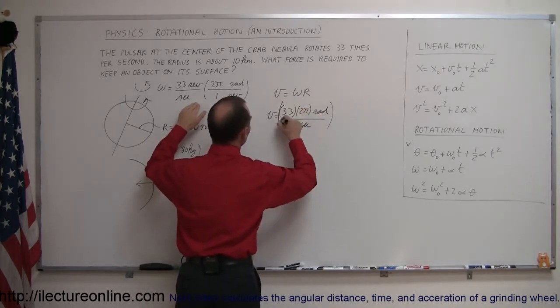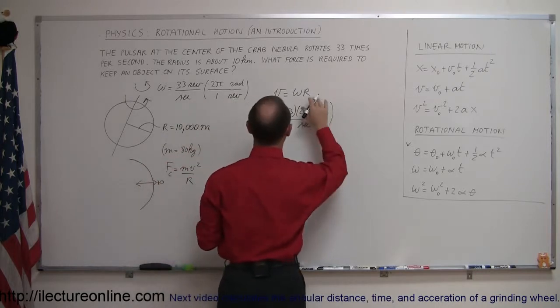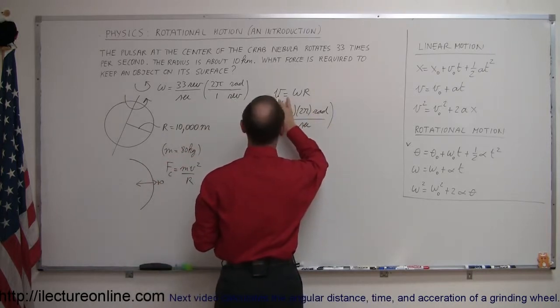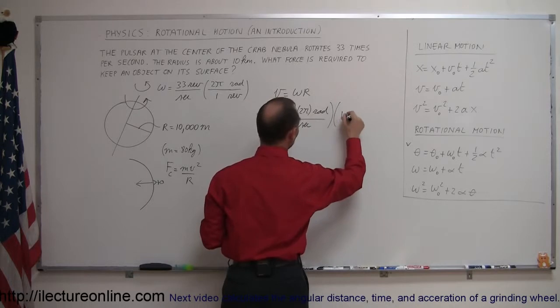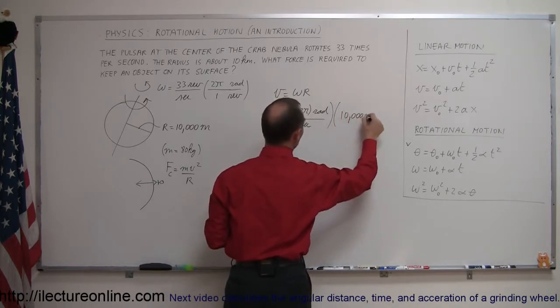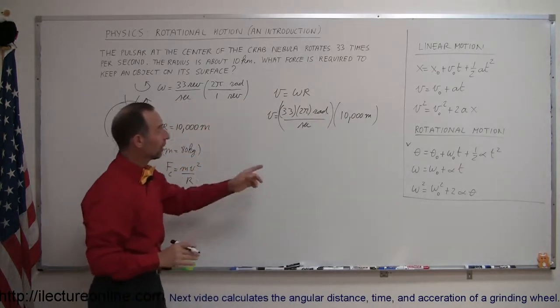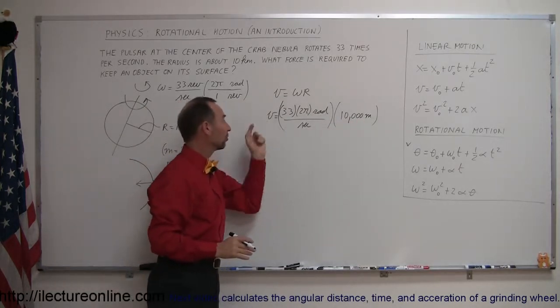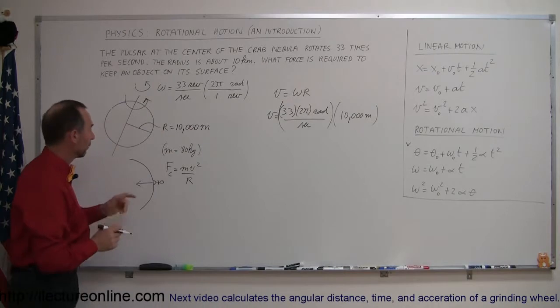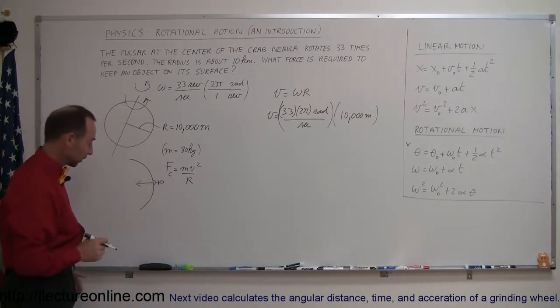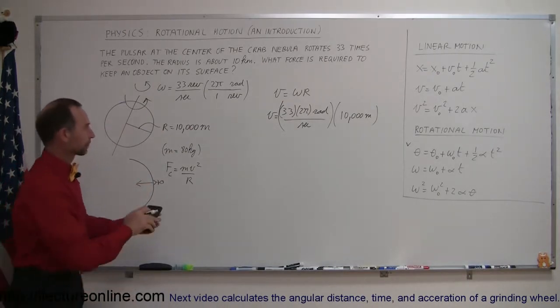And we're going to now convert that to tangential velocity by multiplying times r, and the radius is 10,000 meters. So now we see that since radians is one of those non-units, we have now meters per second, which is the tangential velocity of an object on the surface.